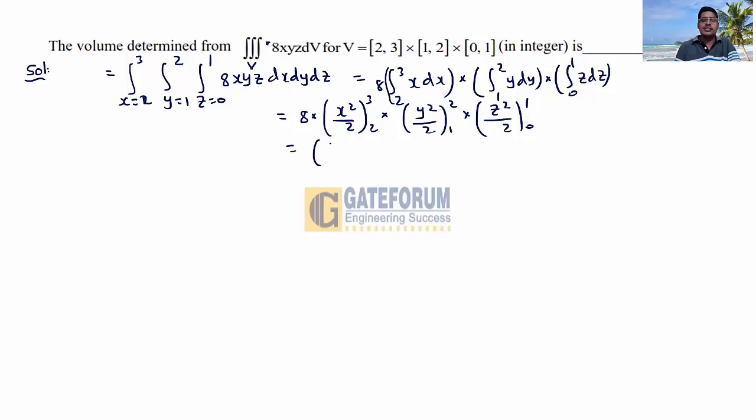So x square between 3 and 2 is 9 minus 4, y square between 2 and 1 is 4 minus 1, z square between 1 and 0 is 1 minus 0. So this is 5 into 3 into 1, which is 15. So the answer is 15. This is the end of the question.